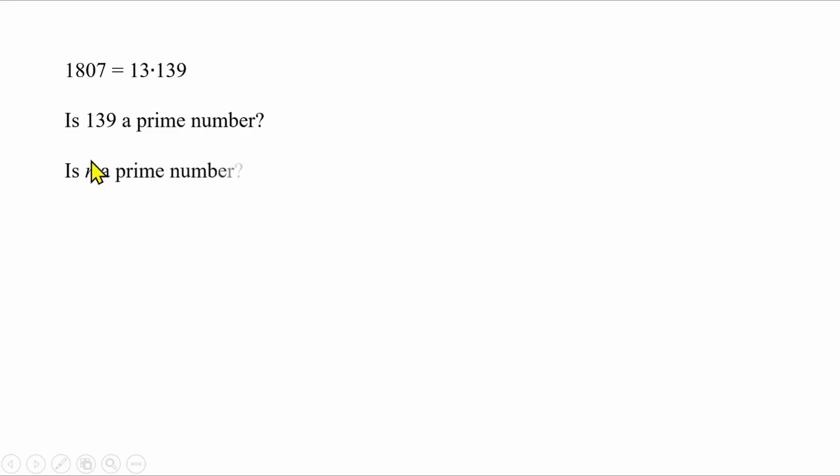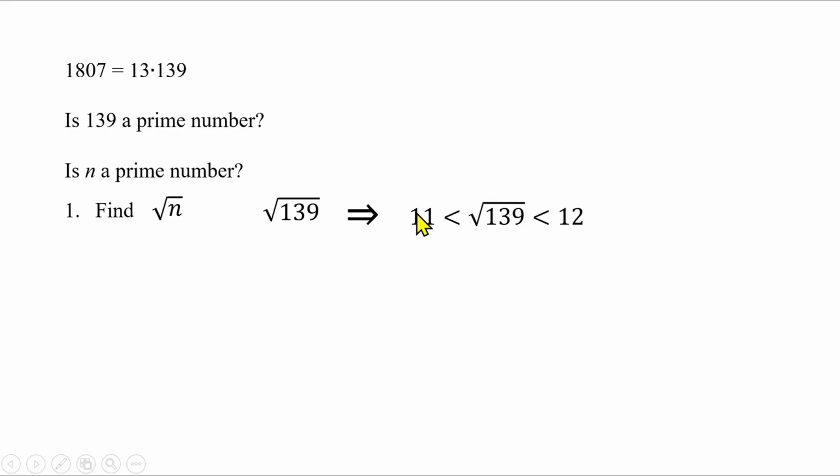We have an integer n and we need to decide if it is prime. First, we find the square root of n. In our case, we find the square root of 139, and this square root is between 11 and 12, because 11 squared is 121, and 12 squared is 144.